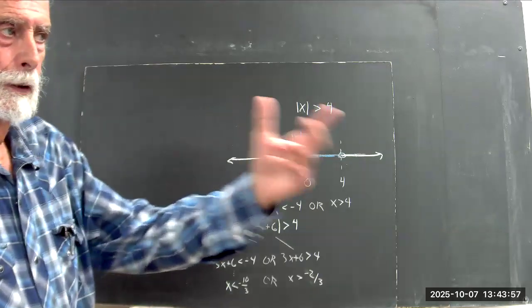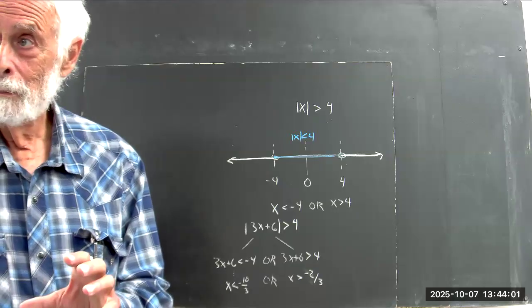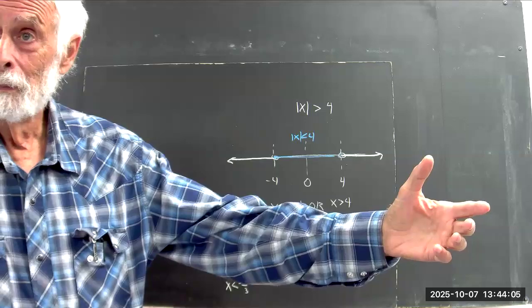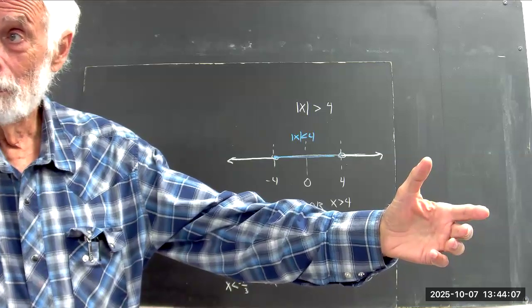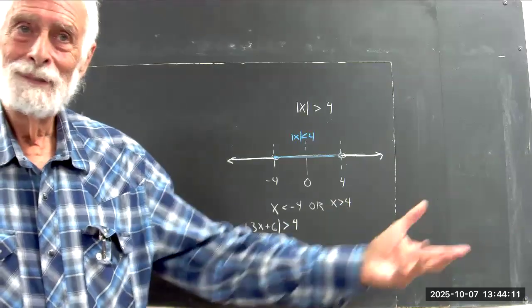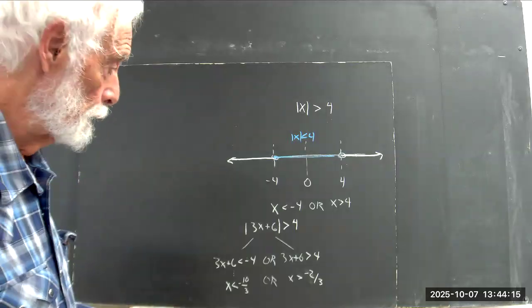When you see an absolute value equality, whatever's inside is equal to plus or minus the number outside, unless the number outside is negative, in which case you'd have no solution. And you'll understand that easily enough in Open Math.